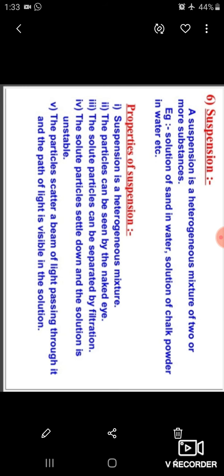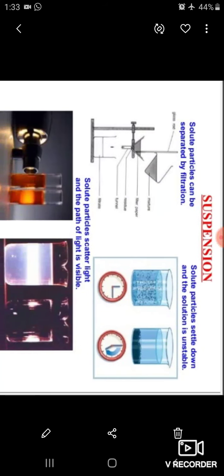Here are the properties of a suspension. A suspension is a heterogeneous mixture, meaning it has a non-uniform composition. The particles of a suspension can be seen by the naked eye. The particles scatter a beam of light passing through it and make its path visible.